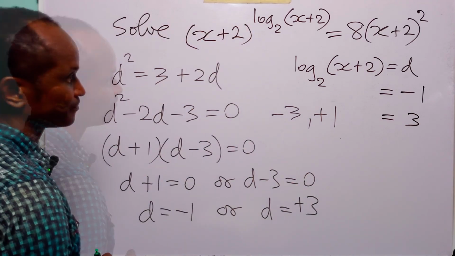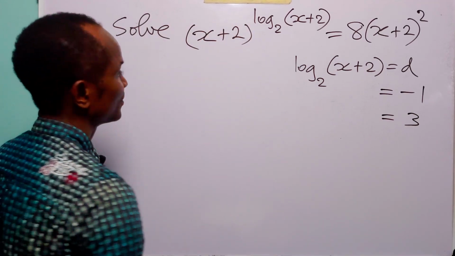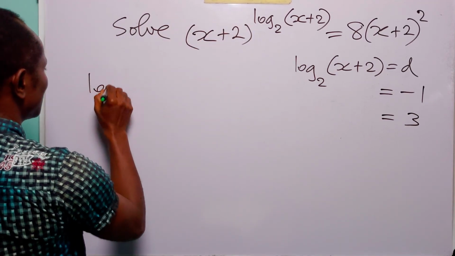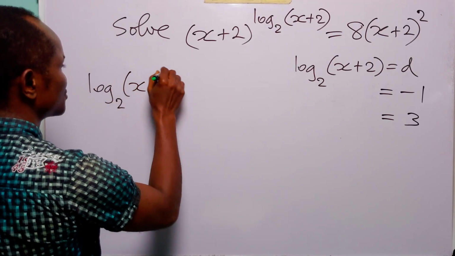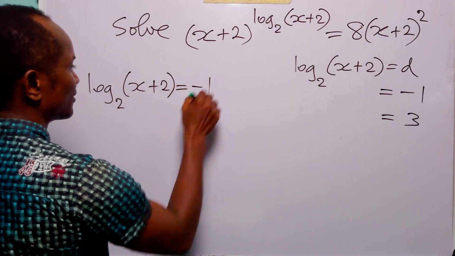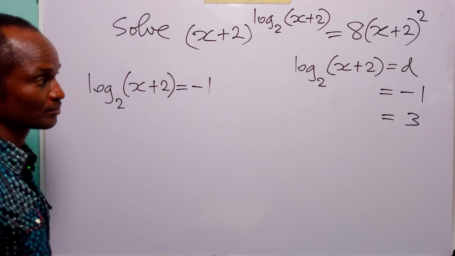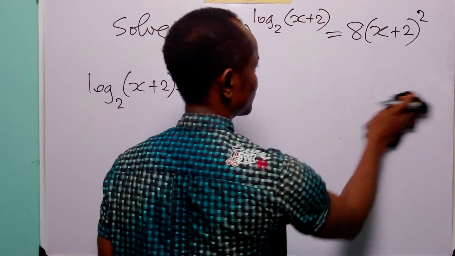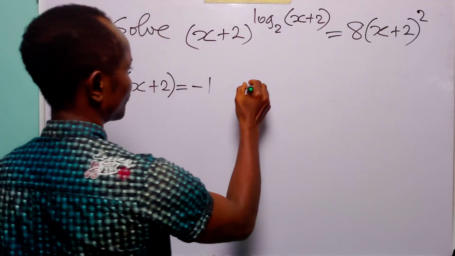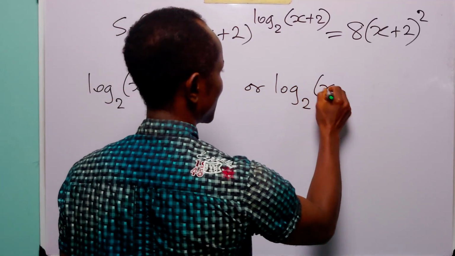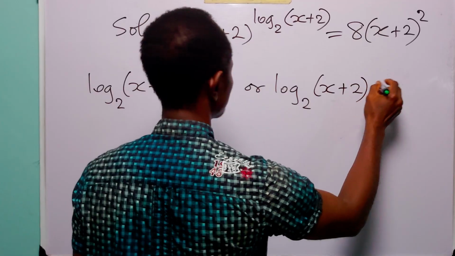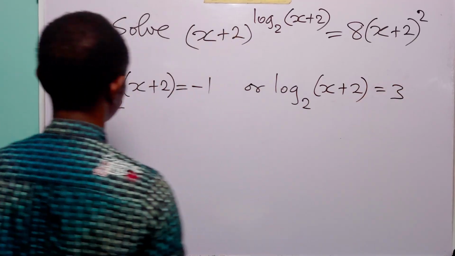So ultimately, we have that either log to base 2 of x plus 2 is equal to minus 1, or log to base 2 of x plus 2 is equal to 3.